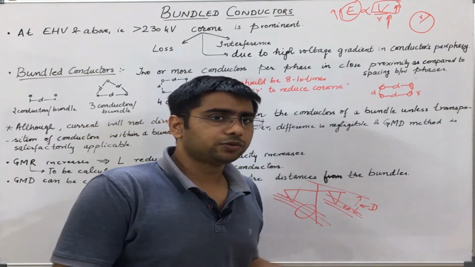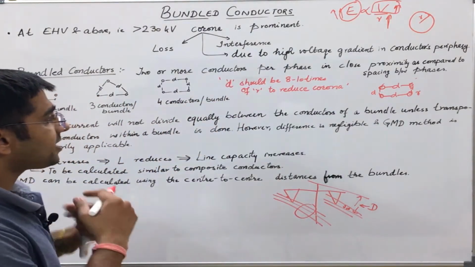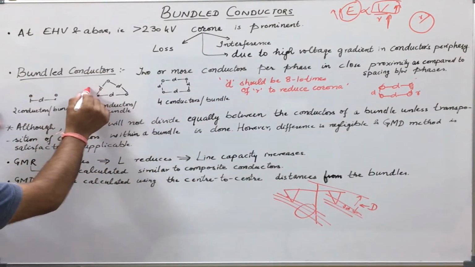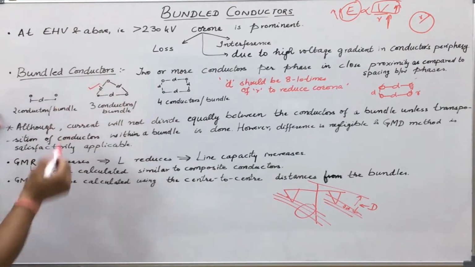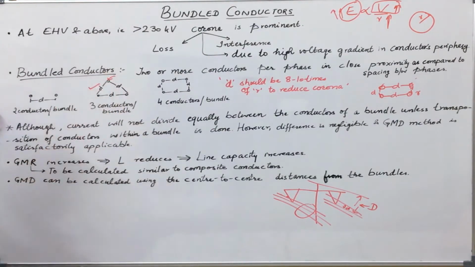It gets reduced. So what we always try to do is keep this d about 10 times the radius of a conductor.